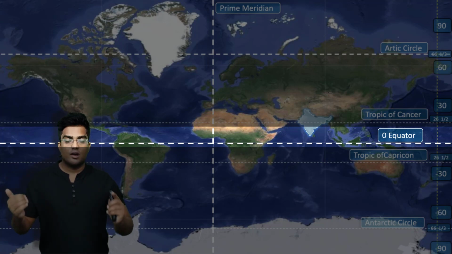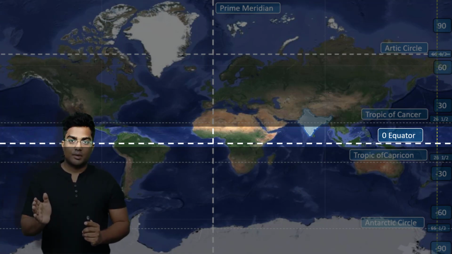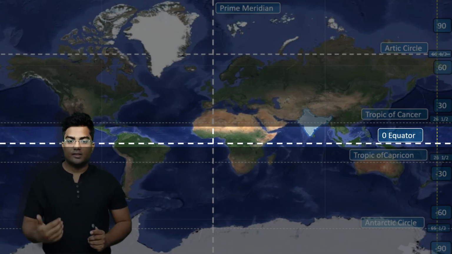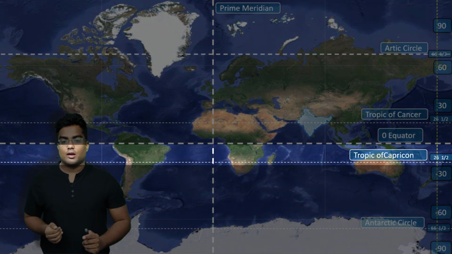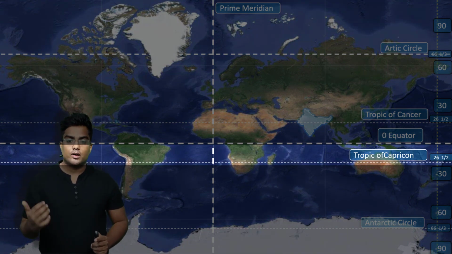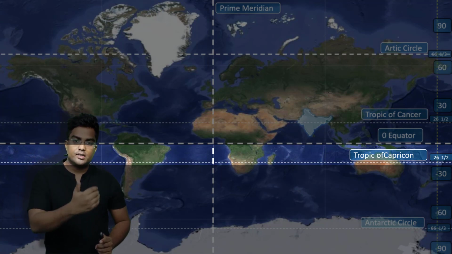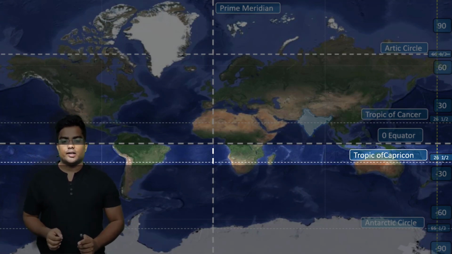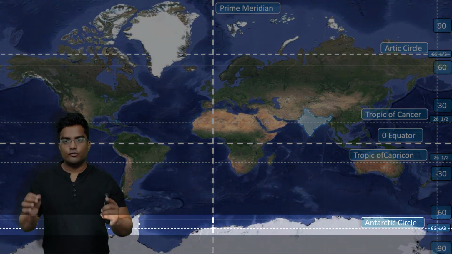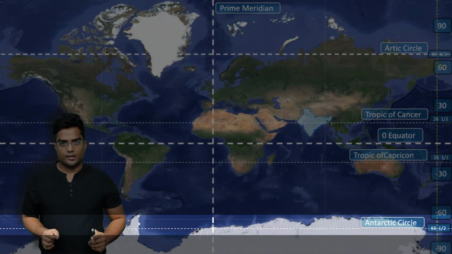It passes through a few Southern American countries, Southern African countries, and parts of South Asia. Then we have the Tropic of Capricorn. Once again, it passes through a few South American countries, South African countries, and Australia. And finally, we have the Antarctic Circle.